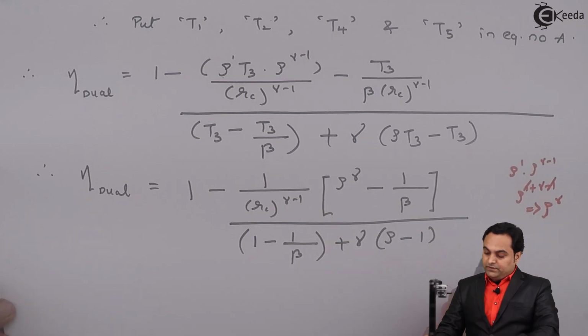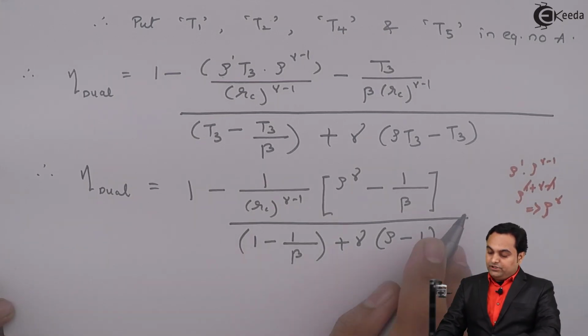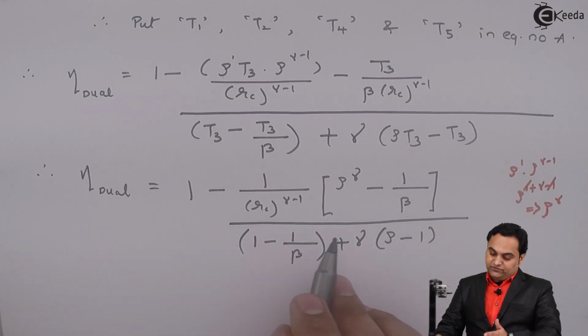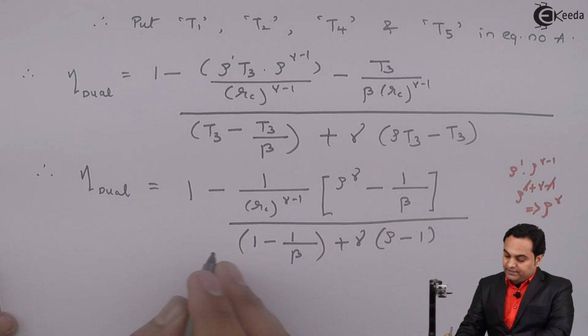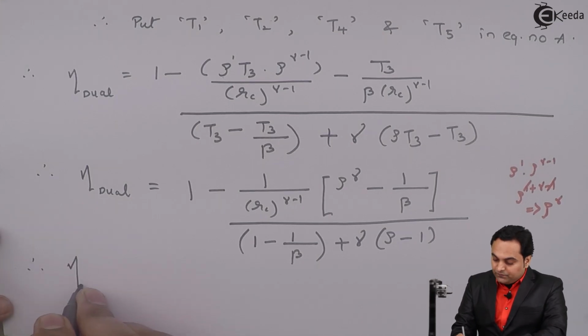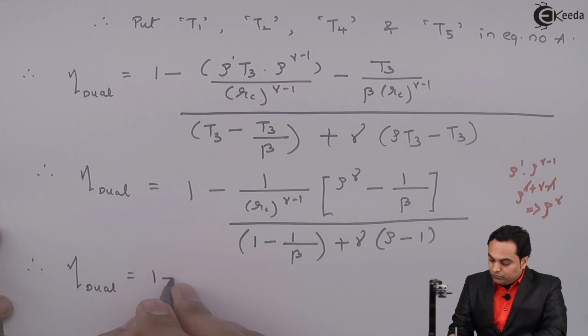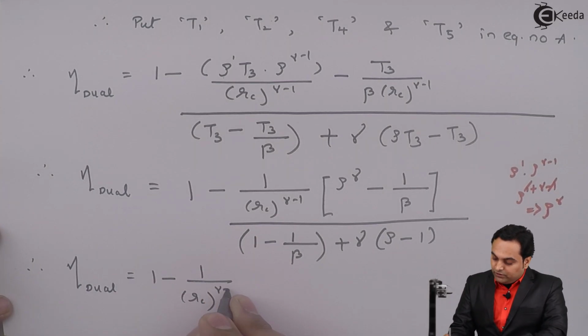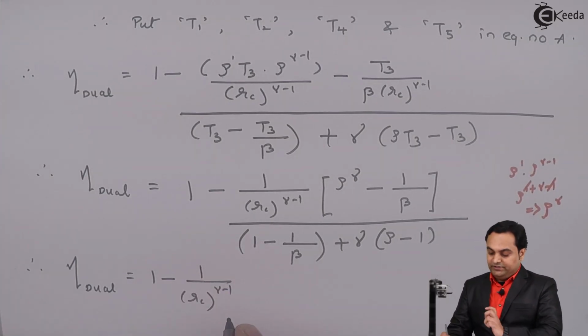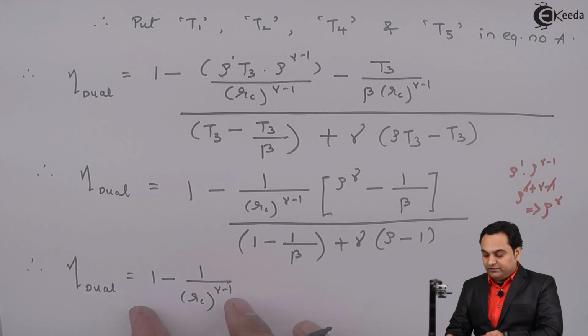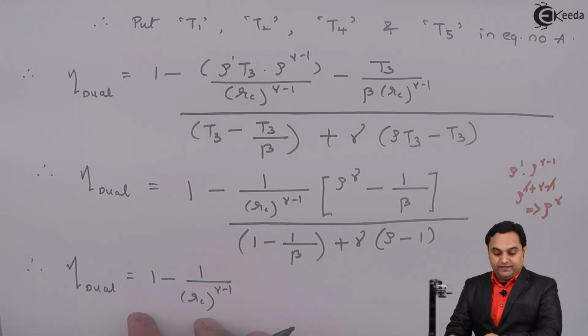Next, from this equation we will get the efficiency of the dual cycle, and it can be simplified and written as efficiency of the dual cycle equal to 1 minus 1 upon Rc raised to gamma minus 1. Now only this term is the efficiency of the Otto cycle, so I am denoting it, to remember the formula, that this is the Otto cycle.